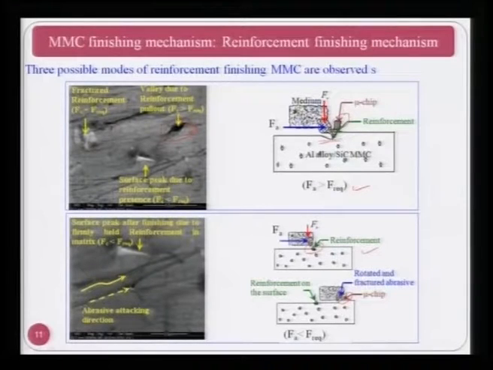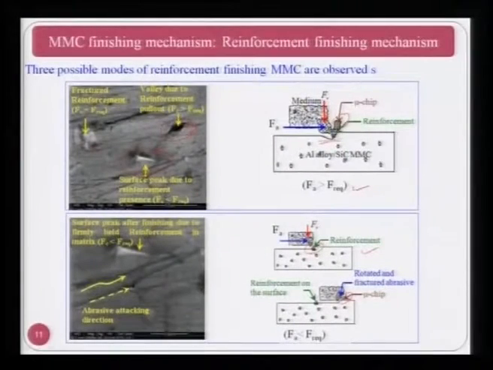Now, this surface is weak due to the reinforcement presence. In some cases, as I have mentioned, when Fa is smaller than the required force, the reinforcement remains in the matrix material and gives a very high surface roughness value if surface finish is measured over this reinforcement. So this is another way. Here Fa is smaller than the required cutting force, that is why the reinforcement is there.